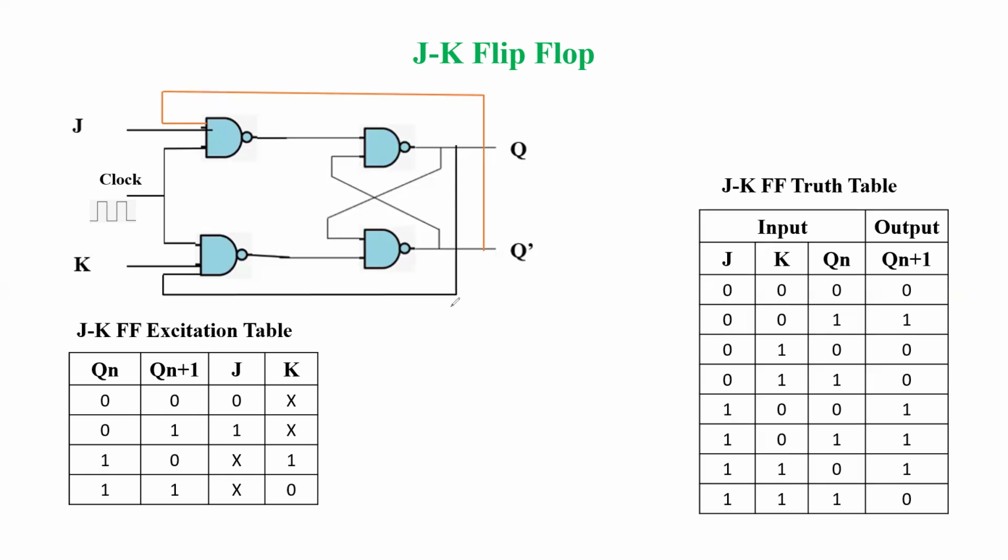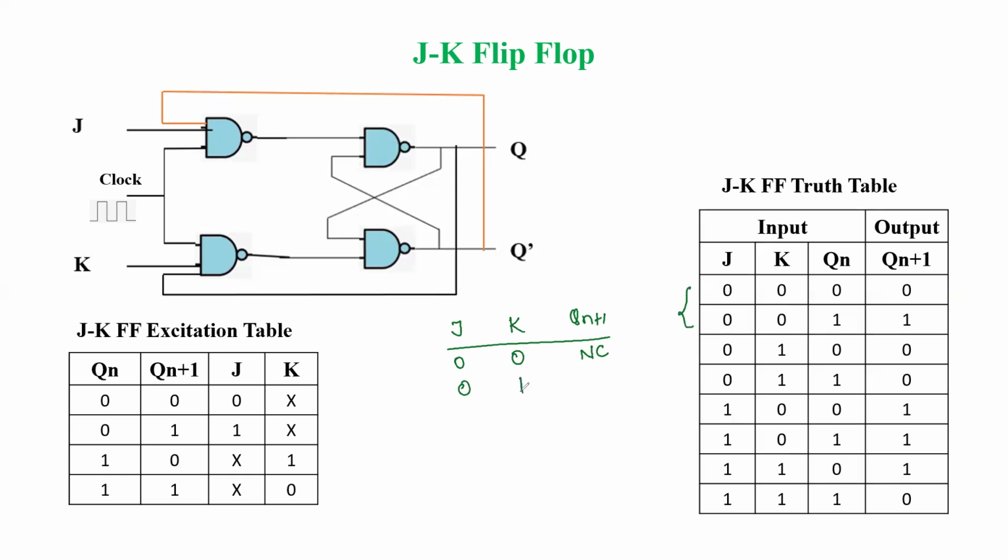If we summarize in a few lines: when J and K are both 0, whatever the present state is, Qn plus 1 will have no change. The same present state will be the next state also. That is these two rows.